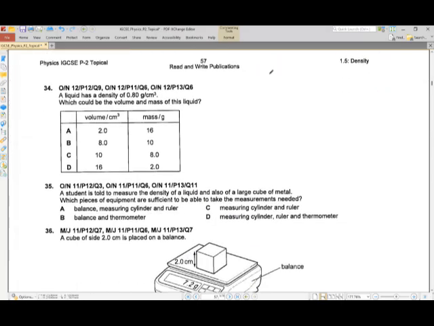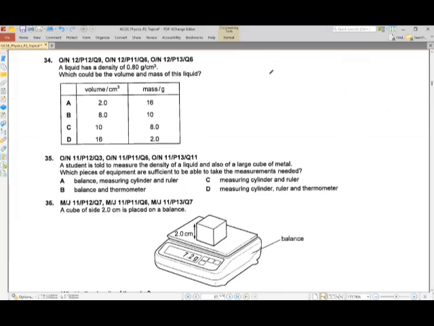Okay. Moving on to question number 34. A liquid has a density of 0.8 g/cm³. What could be the volume and mass of this liquid? Okay, different options are given over here. We are going to put them in the formula of density, that is mass over volume, and see which one of these produces a density of 0.80. So first one has a mass of 16 grams and a volume of 2, so that is going to give us 8, which is not the answer.